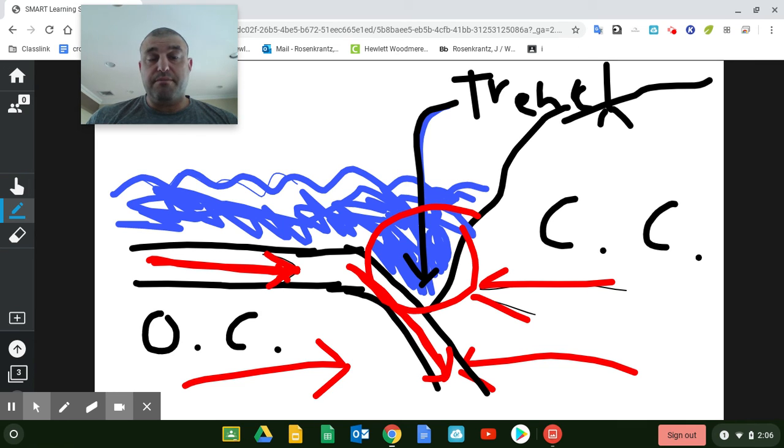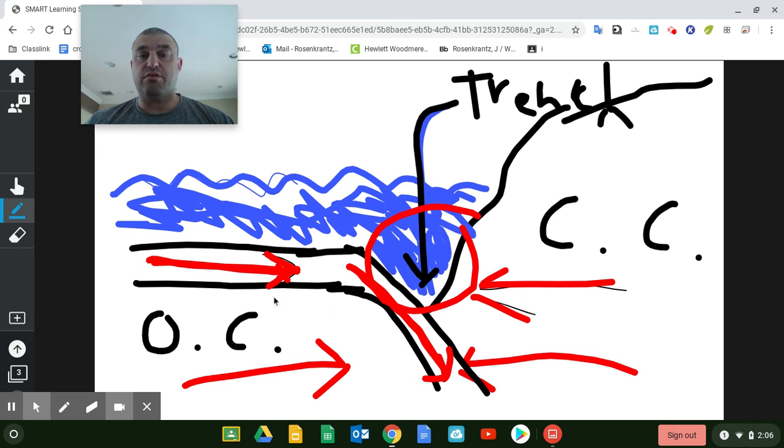So simply put, the reason why we have subduction has to do with the differences in density. Ocean crust is denser than continental crust. So when they're forced to collide, the denser object will always go under the less dense object. And that's true in everything. If there's two boats that are colliding, the denser boat will go under the less dense boat.